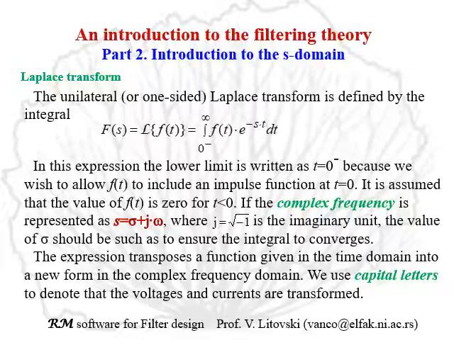In this expression, the lower limit is written as t equals 0 to power minus, because we wish to allow the signal, the function f of t, to include an impulse function at t equals 0.